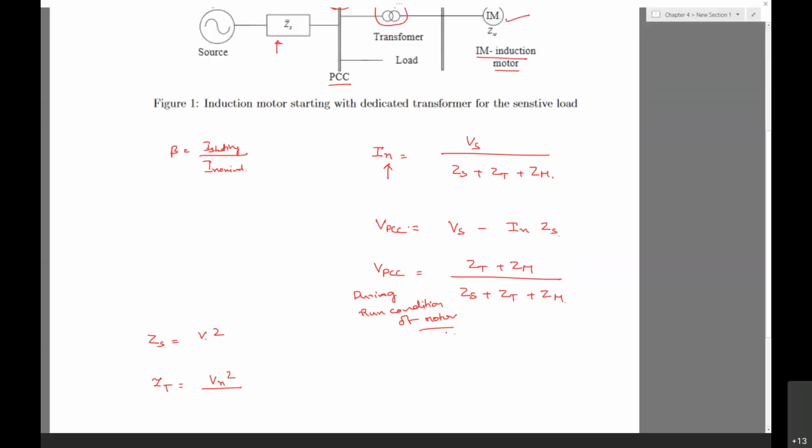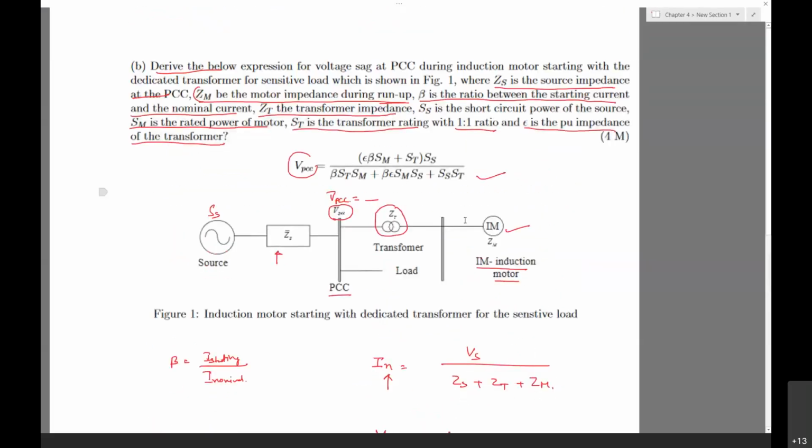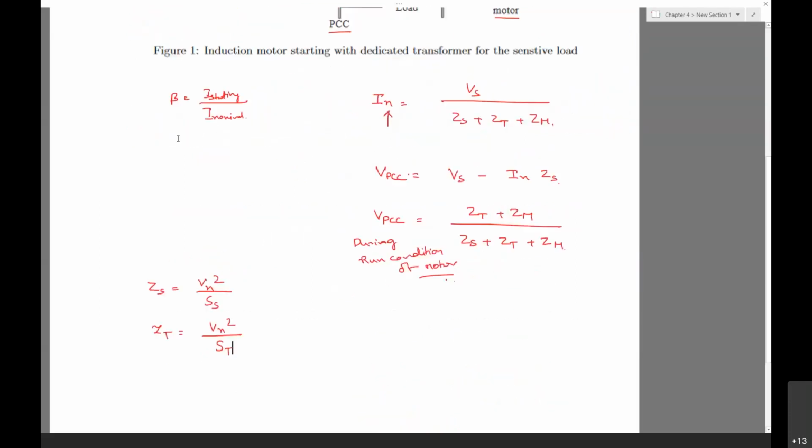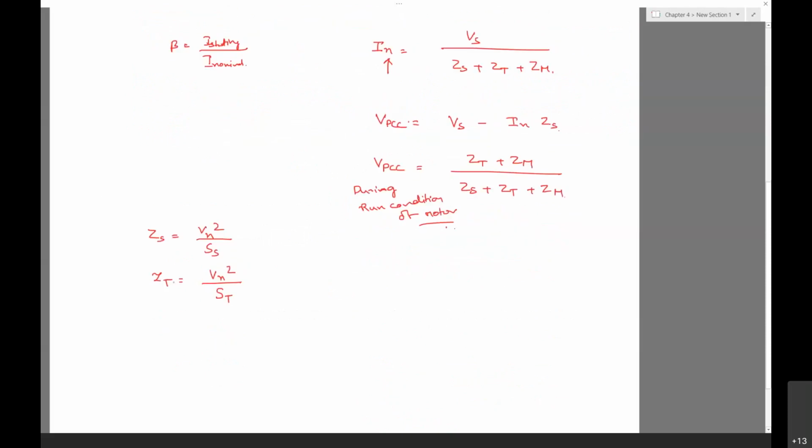The transformer impedance Zt is nothing but Vn square by St. But here what they have given is epsilon, the per unit impedance of the transformer. Whatever we get here is with respect to the transformer base impedance, so we have to convert the per unit impedance to Zt.